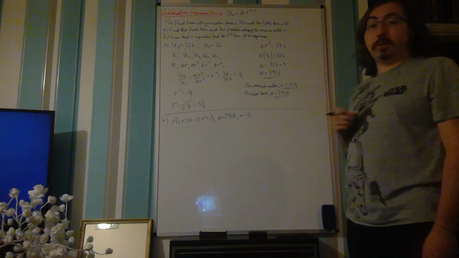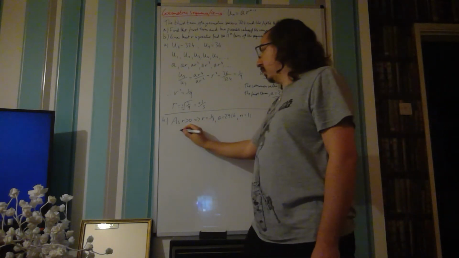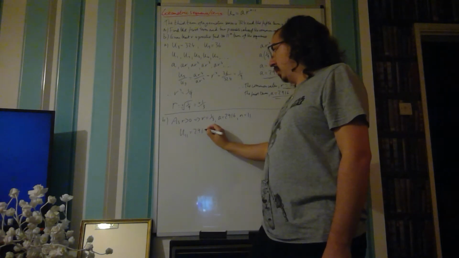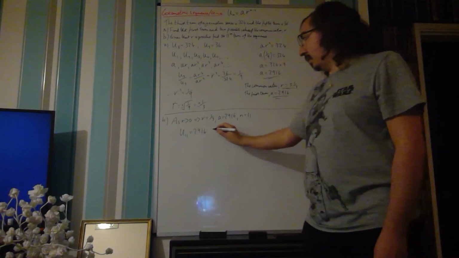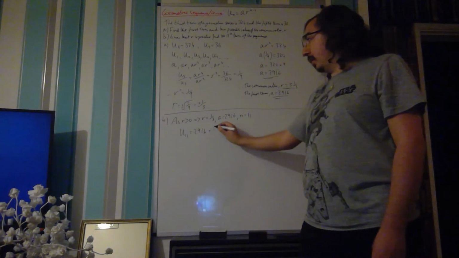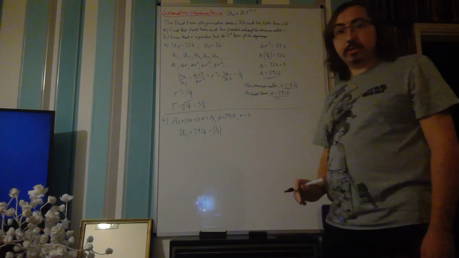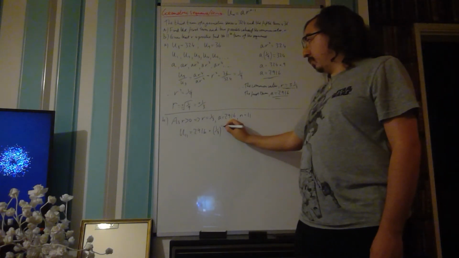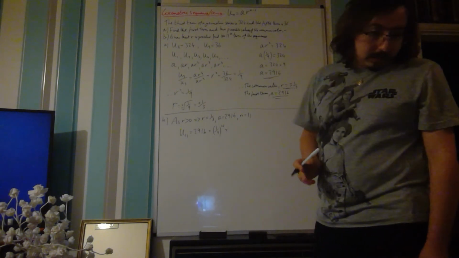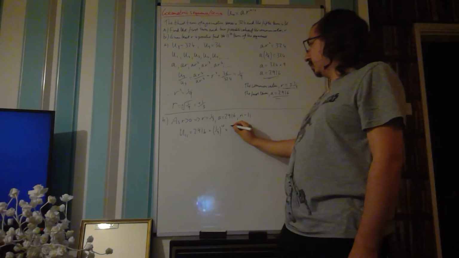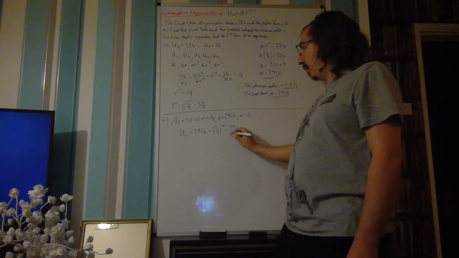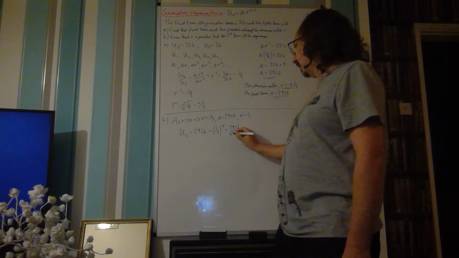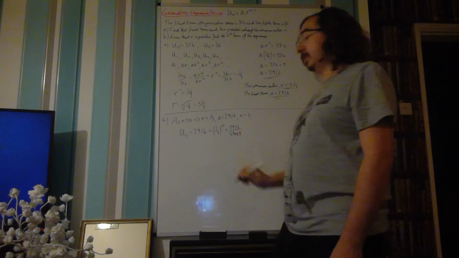For this, we need to use the nth term formula. So U11 is equal to our A value, 2,916, multiplied by our r value, 1 over 3, to the power of n minus 1. 11 minus 1 is 10, which gets you 2,916 over 59,049, which isn't so nice.